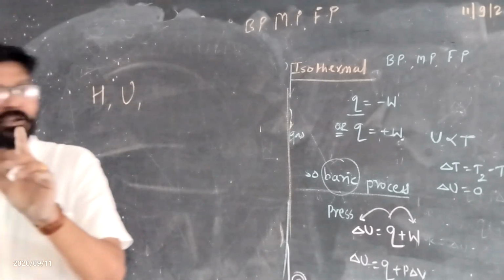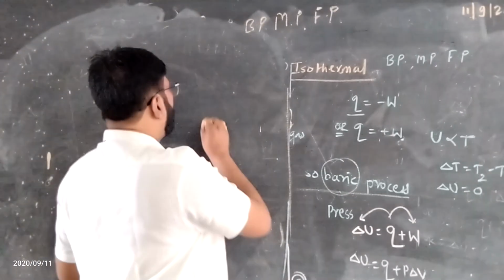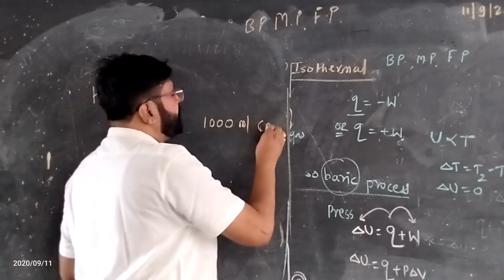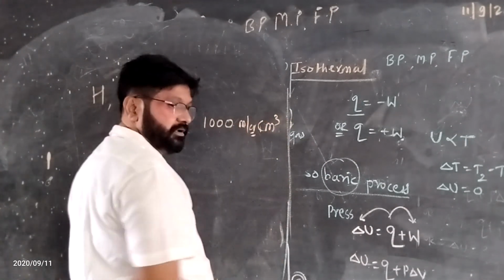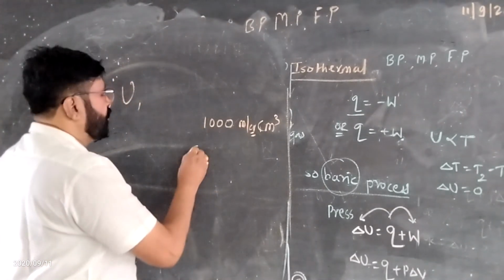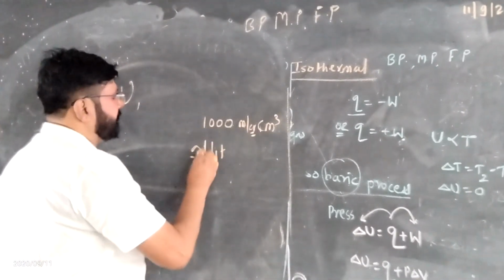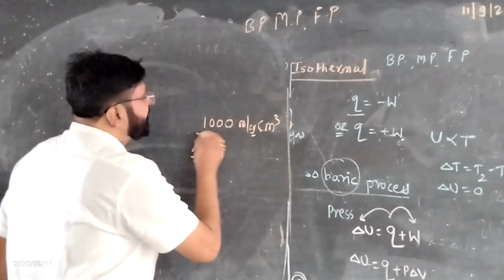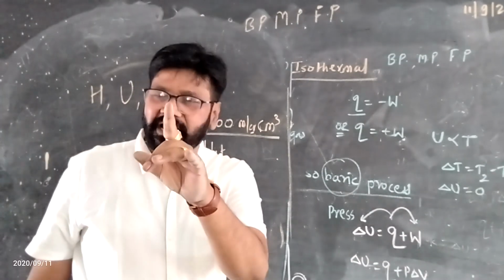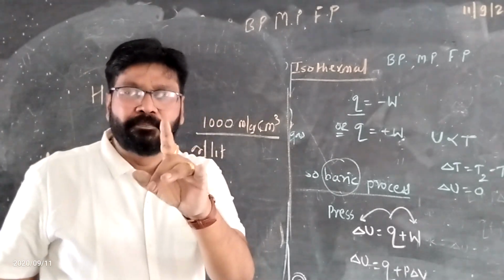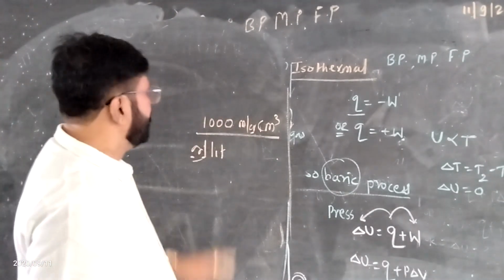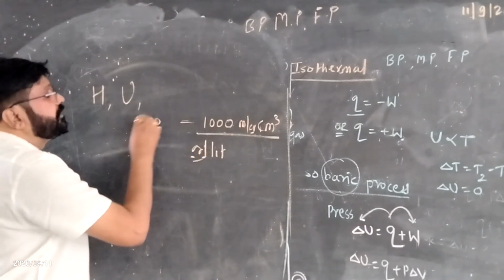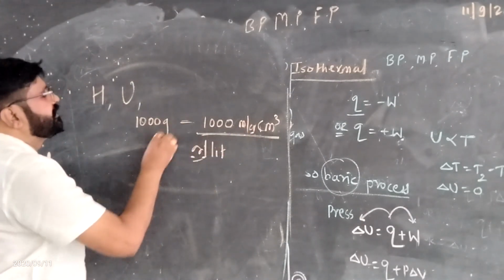Consider a volume of water of 1 liter, that is 1000 ml or cubic centimeter. This 1 liter of water boils at 100 degrees Celsius, and the density of water is considered as 1 gram per cubic centimeter. Therefore, 1000 ml is equal to 1000 gram.